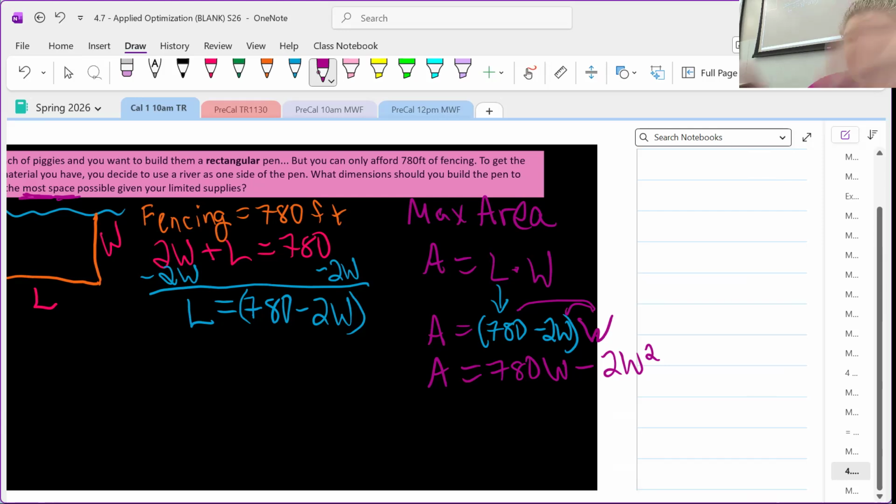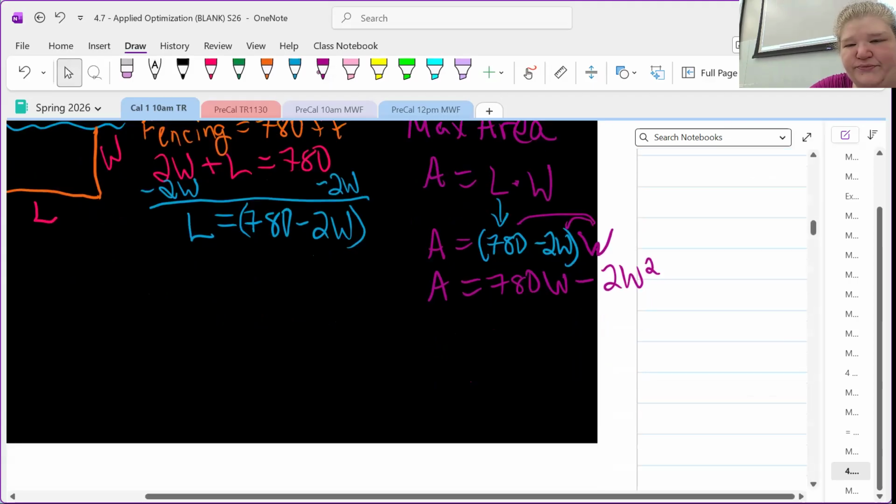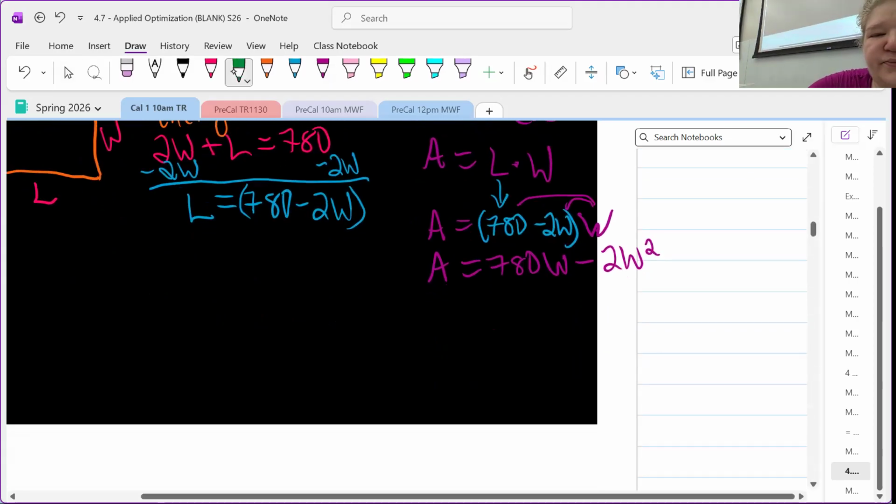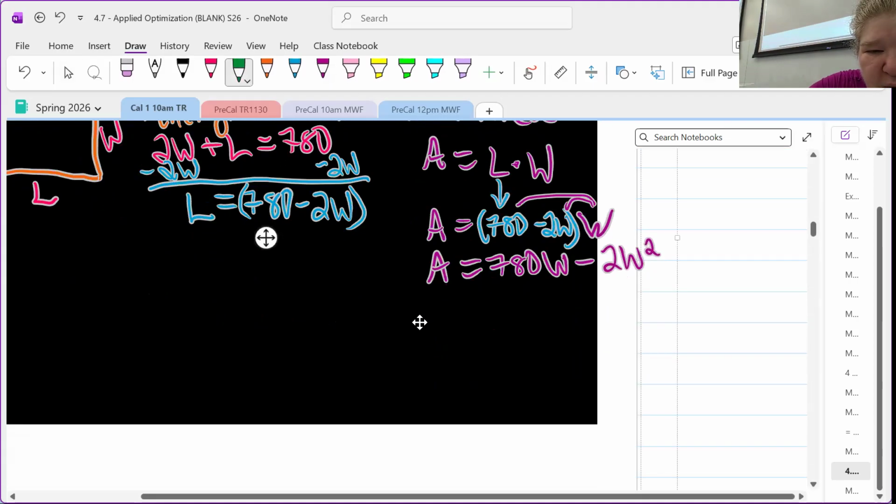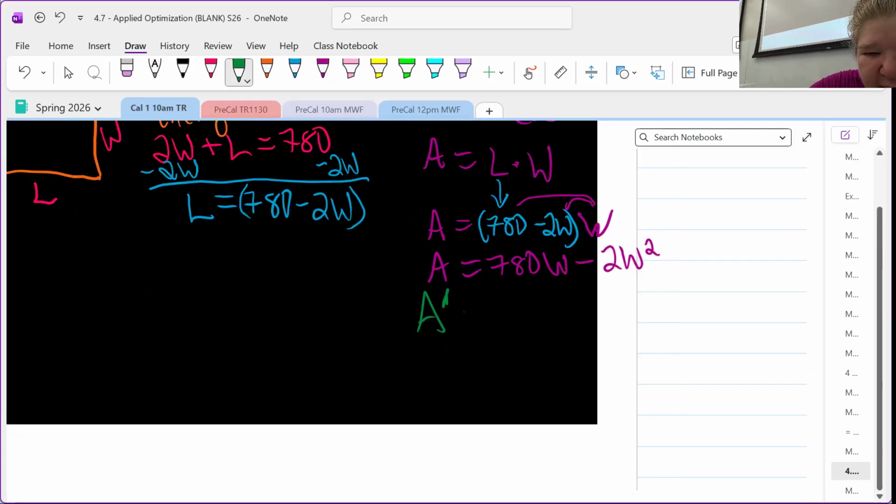So I have a formula. I'm going to take the derivative and set it equal to zero. So A prime, now we're doing the derivative of 780W, so that'll just be 780, minus 2 times the derivative of W squared, which will be 2W to the first.